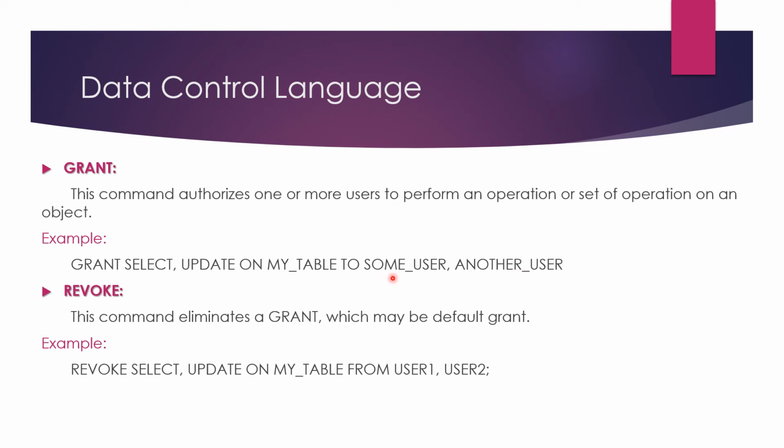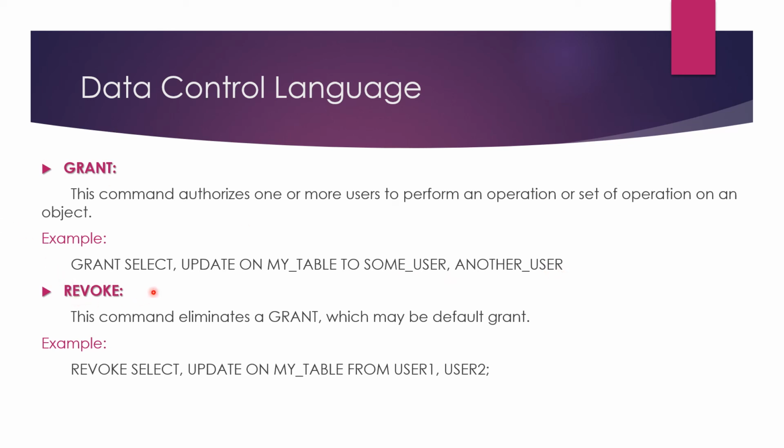It might be Abhi, Banu, Rakesh, Ramesh, Ramya, whatever it might be. The username can be anything. So here the administrator is granting permission on two queries, select query and update query, on the table my table, to the two users named some user and another user.